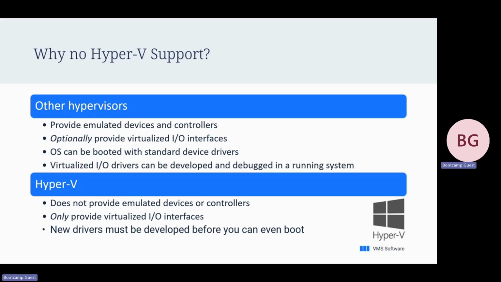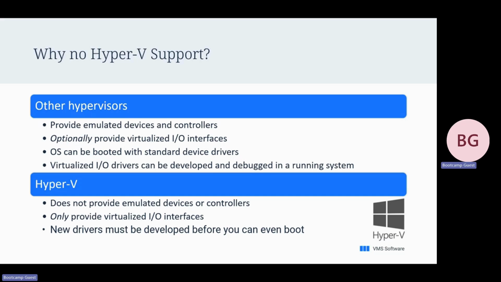Hyper-V is different. Hyper-V doesn't provide an emulated SCSI controller or SCSI disk. It doesn't provide an emulated Intel network card, at least not in Hyper-V Generation 2 virtual machines, which is the generation that is needed to get the UEFI firmware that we need.